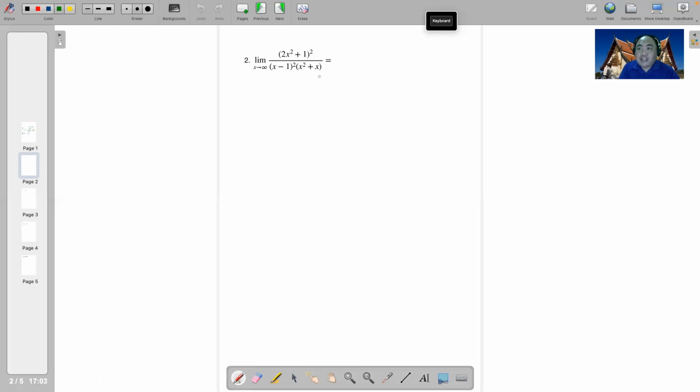So as is, it's not easy for us to ask what the largest exponent with respect to x is, because the function is not fully expanded. So we have to first fully expand the numerator and the denominator before we can do our analysis. And how do we do that? Just go through it.